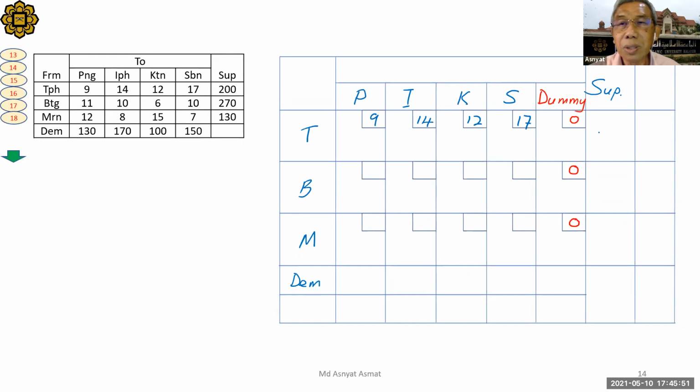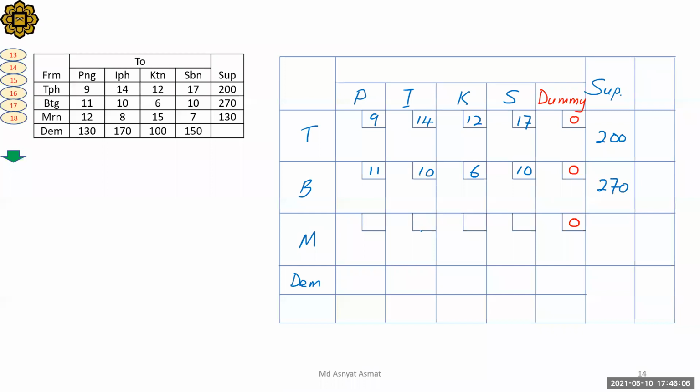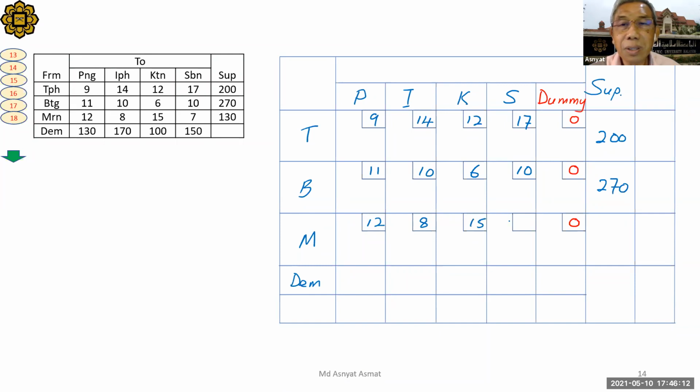Supply is 200. 11, 10, 6, 10, 270. 12, 8, 15, 7, then 130.